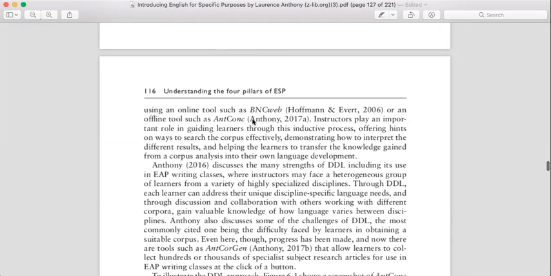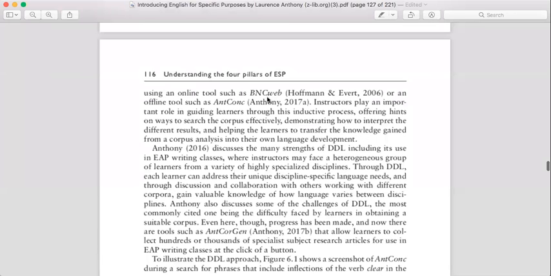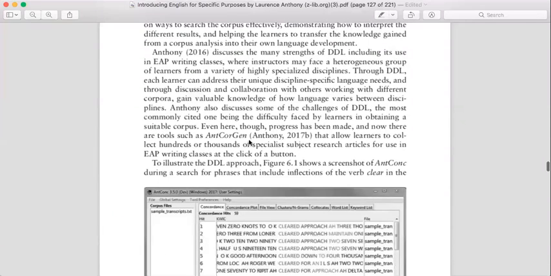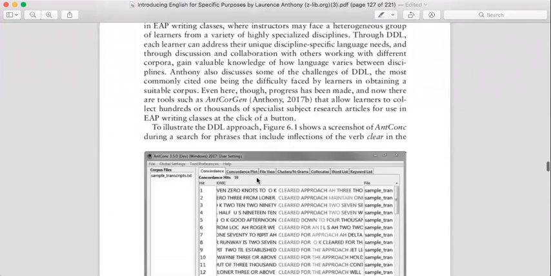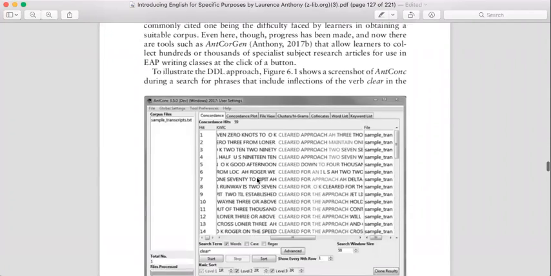done. NCOC is here, and then there is BNCweb, right? These are the corpus tools. NCOC general, this. Now what you need to look at here, it's just an example, okay?